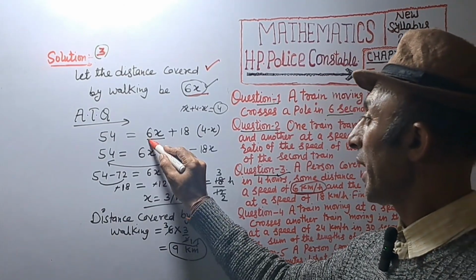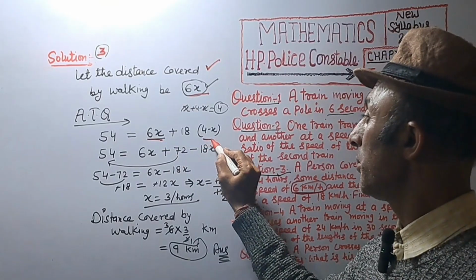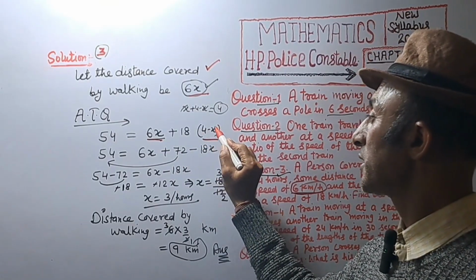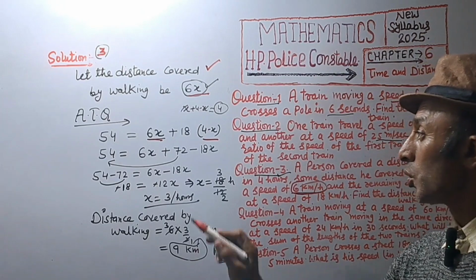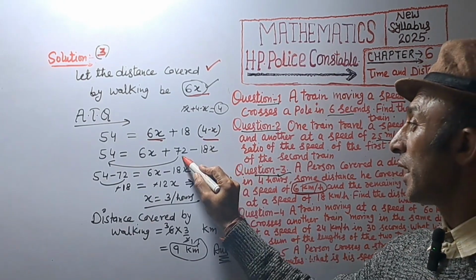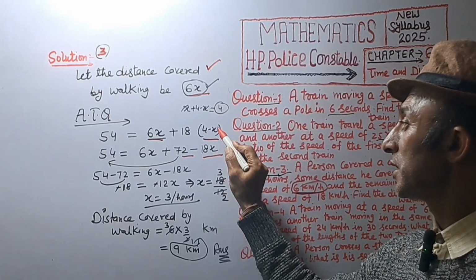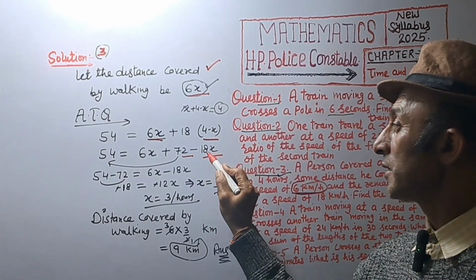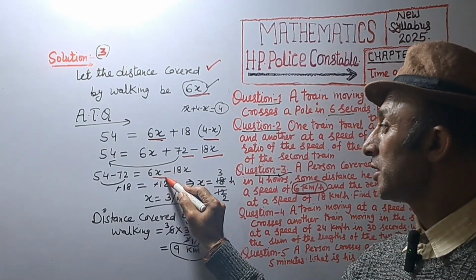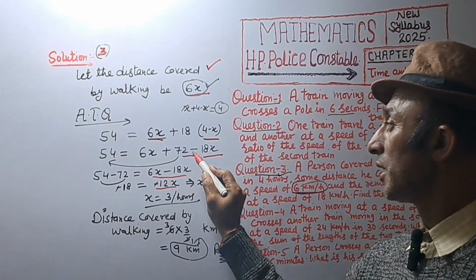So 6 times x and the remaining time, that is 4 minus x, into 18. So 18 multiplied by 4 is 72, and 18 multiplied by x is 18x. This will be negative, and minus 18x plus 6x is equal to minus 12x.